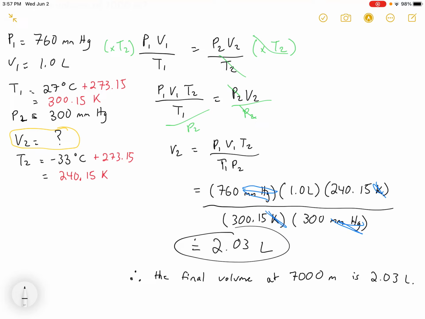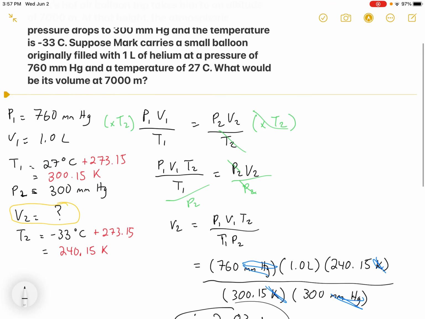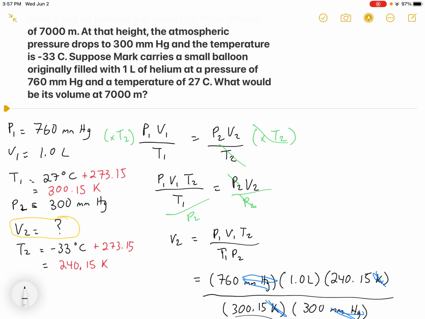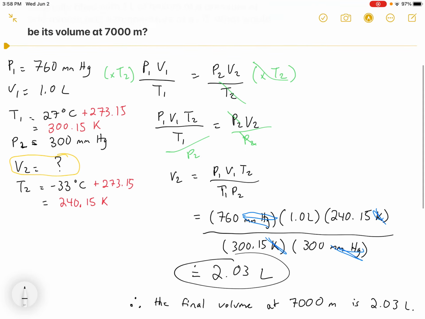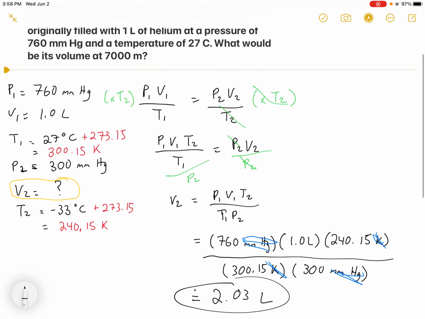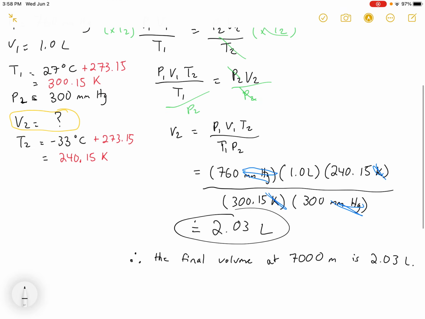And then conceptually, just make a note of the temperature effect here. Because the final temperature was much colder than the initial temperature, the effect ends up being basically overpowered by the radical drop in pressure, which ultimately doubles the volume of the balloon.